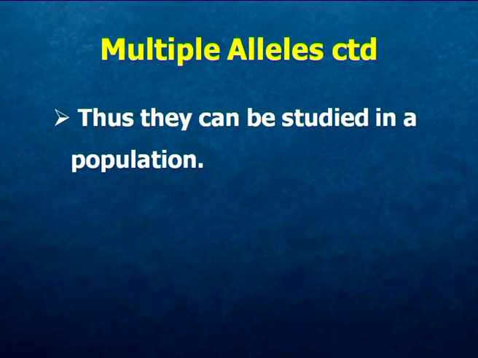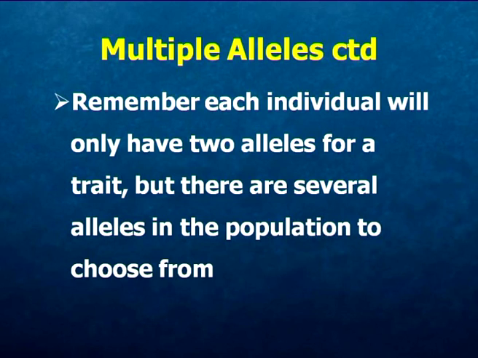So, they can be studied only in a population, but you can't observe them in the genotype of a diploid individual. They are there in the population. So, a diploid individual possesses only 2 of those alleles that are there in the population.